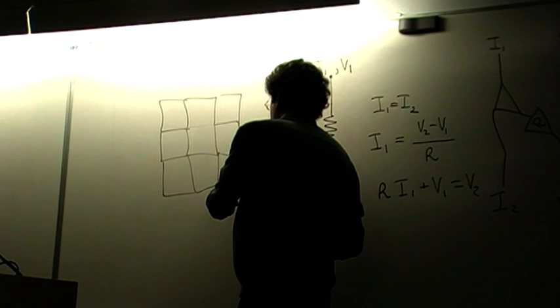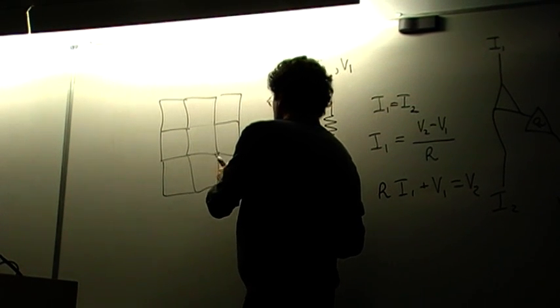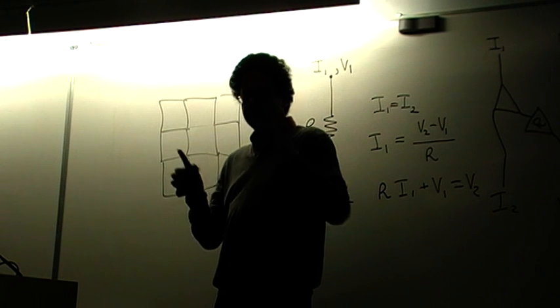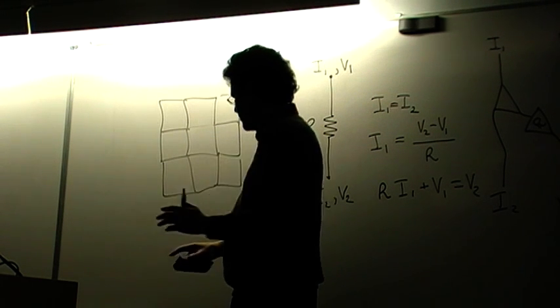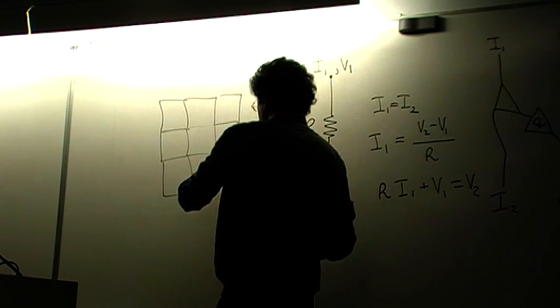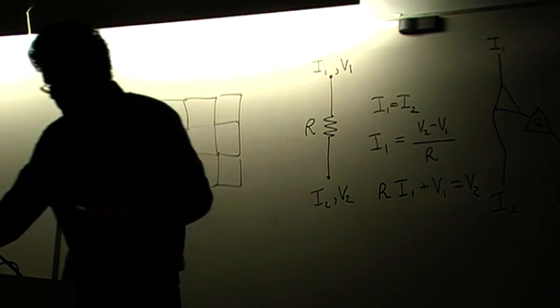So you have electric fields and currents along edges in a lattice, and then as the lattice approaches the continuum, the problem approaches the partial differential equations of Maxwell's equations.